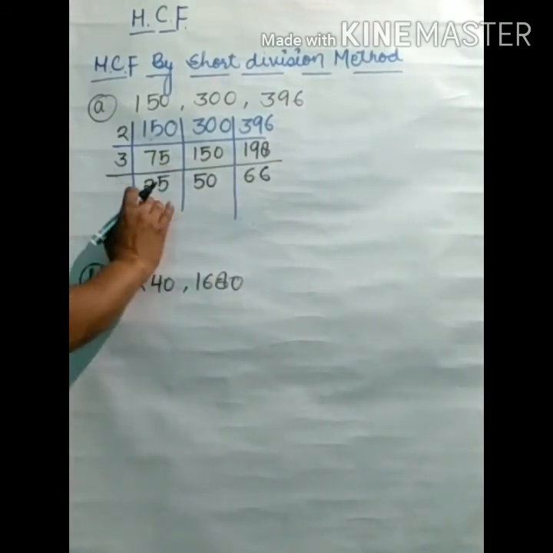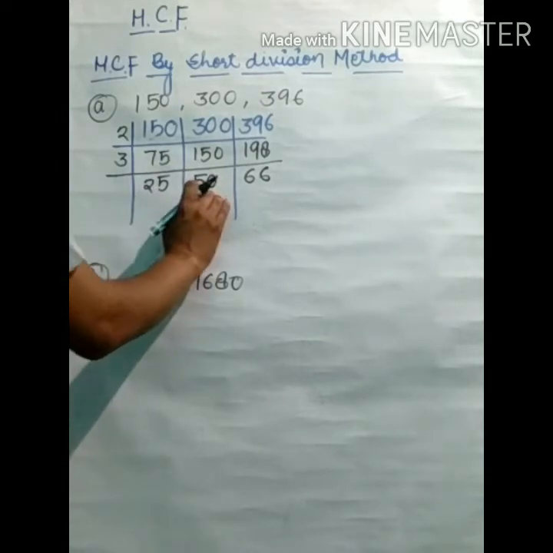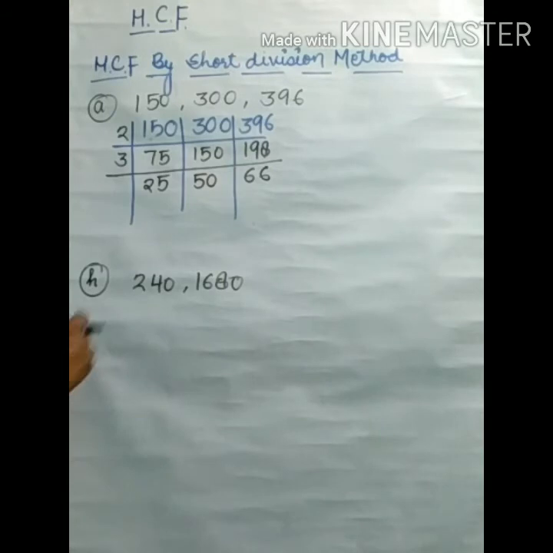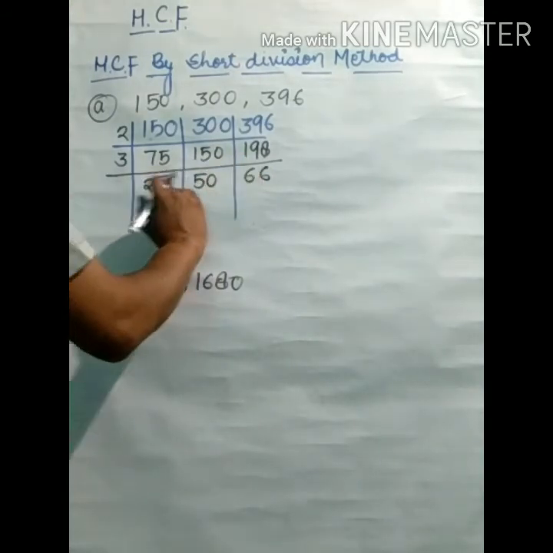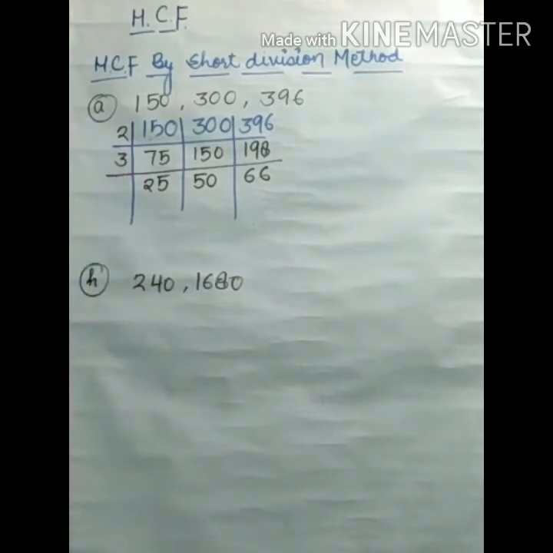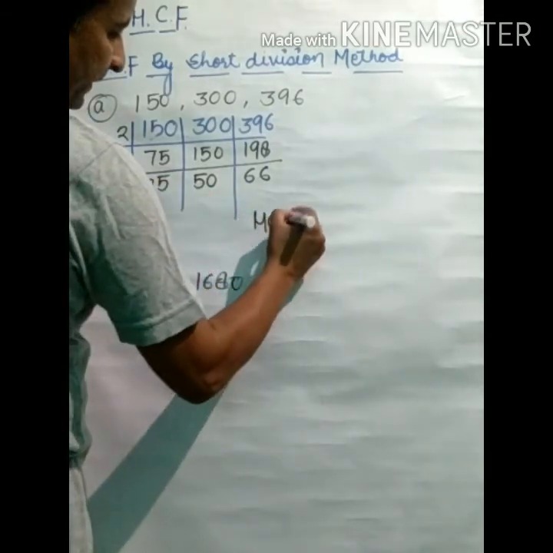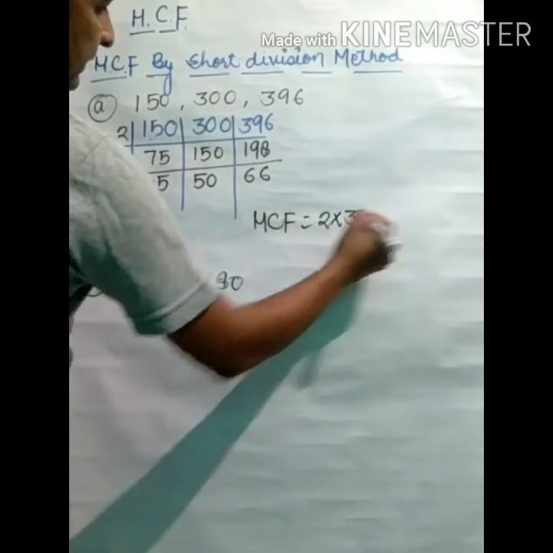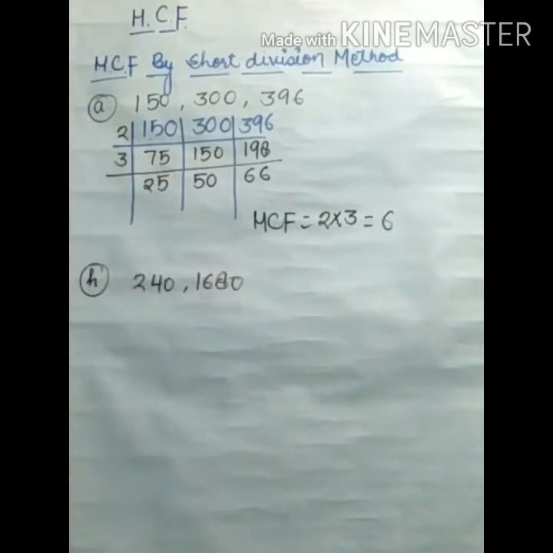Now you can see there is no number which can divide all 3. So your HCF will be 2 multiply 3, which is equal to 6.